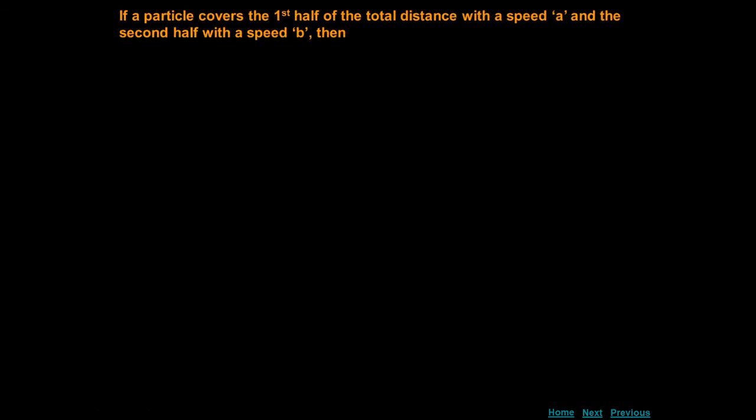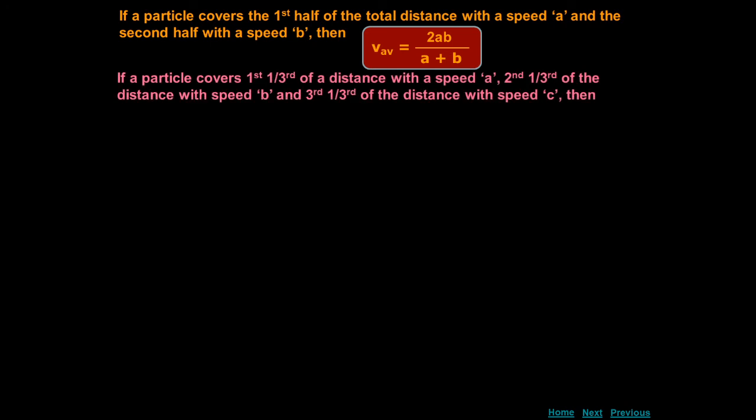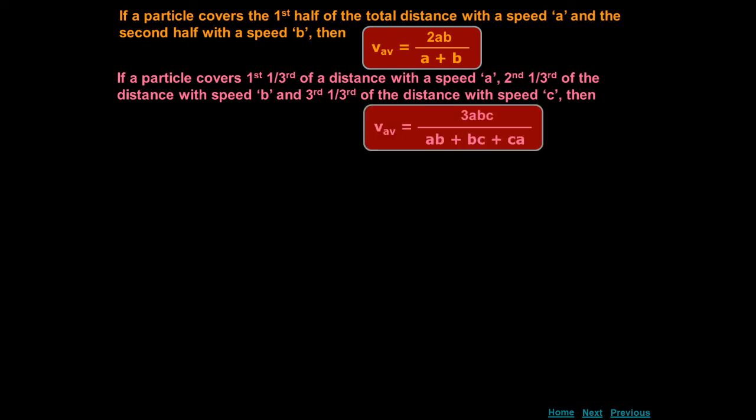Now see, if a particle covers first half of the total distance with a speed A and second half with a speed B, then V average is equal to twice AB by A plus B. And if the particle covers first 1/3 of the distance with a speed A, second 1/3 of the distance with speed B, and third 1/3 of the distance with speed C, then V average equals thrice ABC by AB plus BC plus CA.